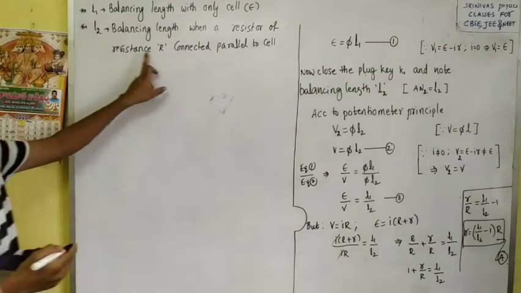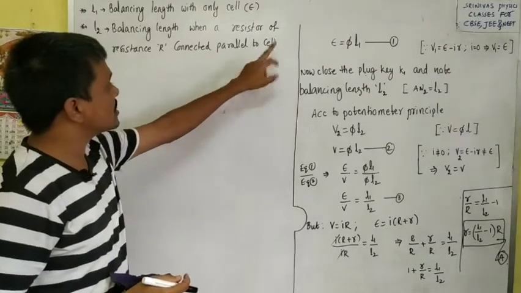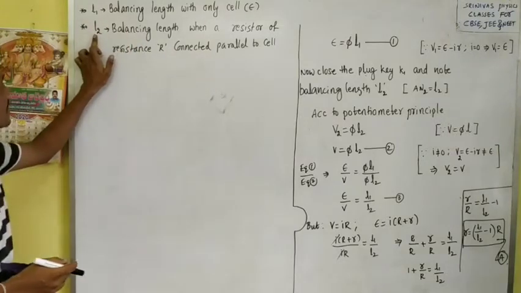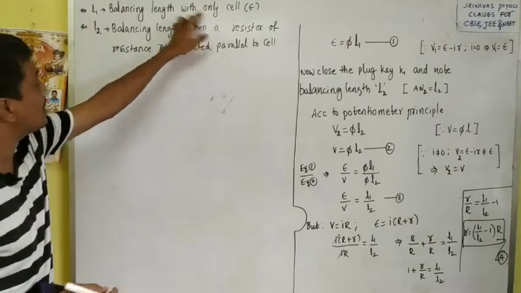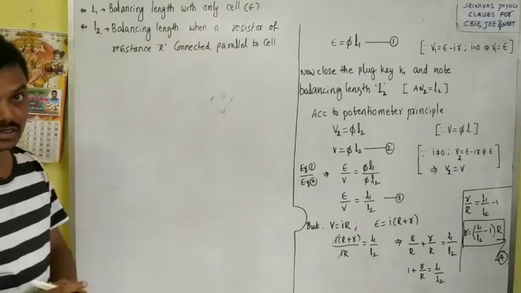When we connect a resistance capital R parallel to the cell, at that moment the balancing length is L2. L1 is with only the cell, L2 is with the cell and resistor.